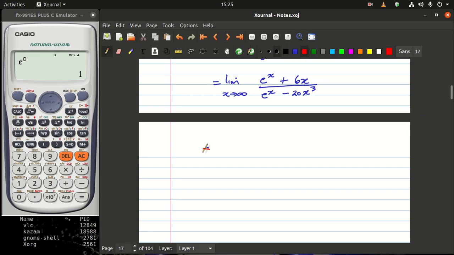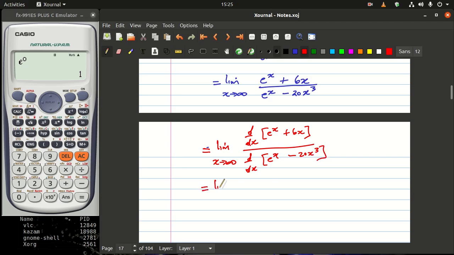So this thing here is going to be the same as the limit as x approaches infinity, and then here I am going to take the derivative with respect to x of the numerator plus 6x, and then I am going to take the derivative with respect to x of the denominator, and then I have 20x cubed, and then of course I proceed.